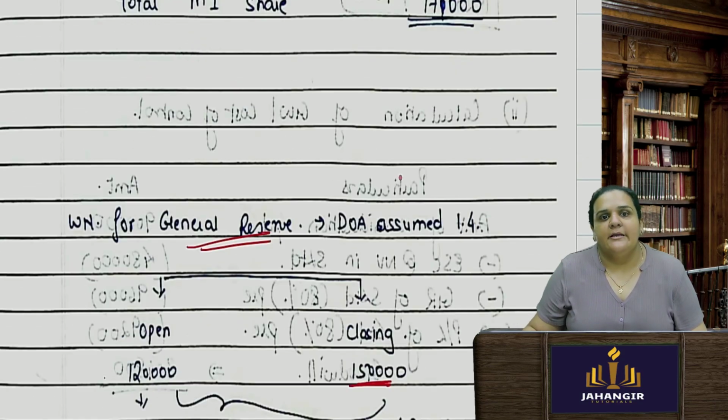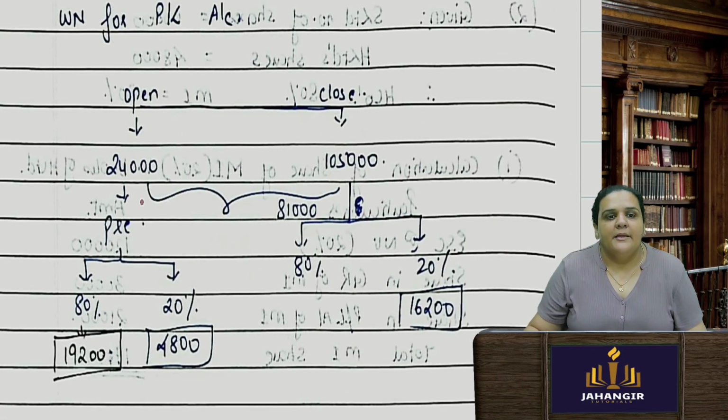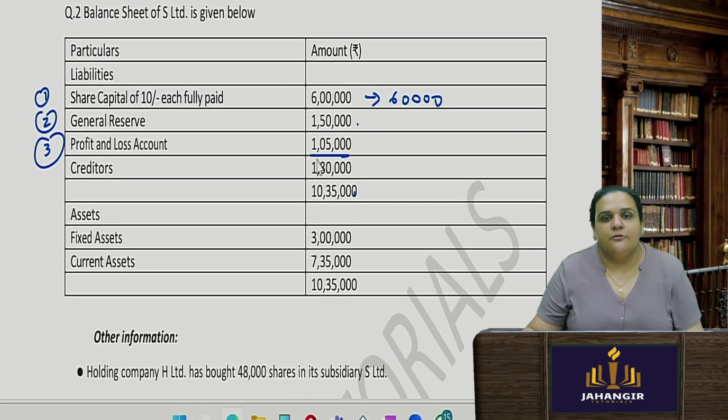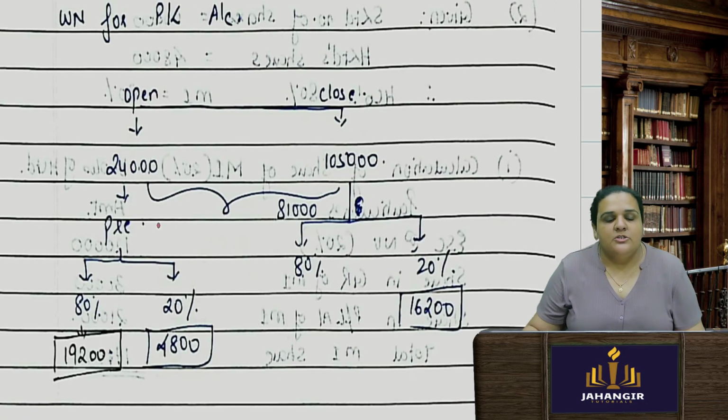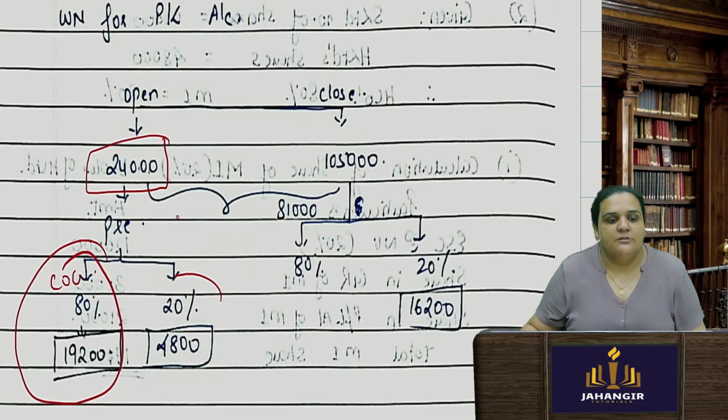Similarly, I will do the share in P&L of the minority interest. For P&L, they have told me opening was 24,000 and closing is 1,05,000. The 24,000 is going to be pre, 80%, which I will take under the calculation of cost of control. So 24,000 into 80% is 19,200, and the balance 20%, 4,800, minority interest is going to get.